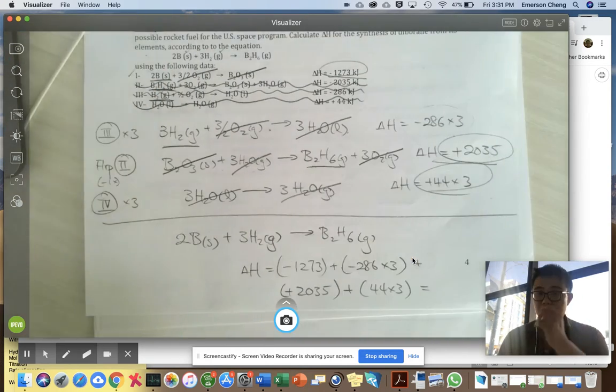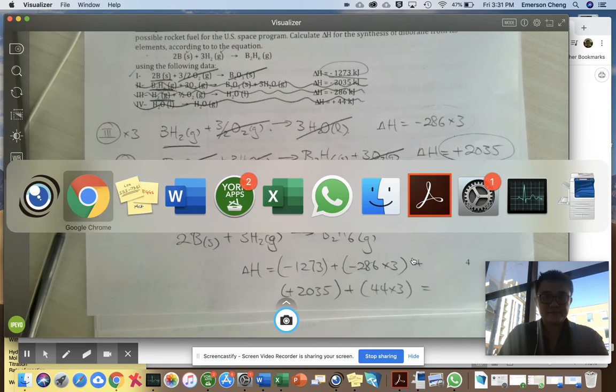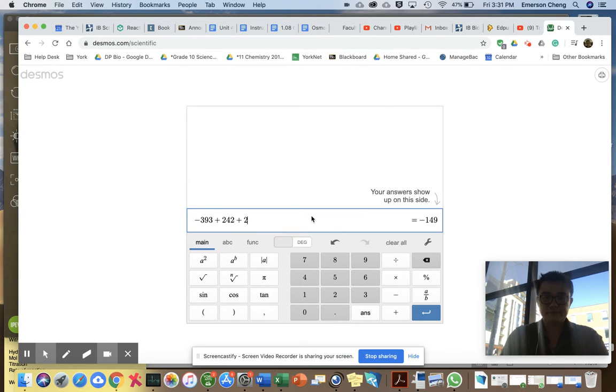So in this case, what is that? Plus 2035 plus bracket 44 times 3. That gives me 36. Yep, that looks right. 36.